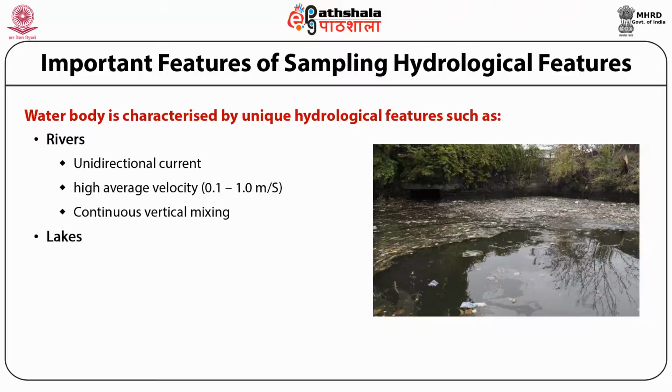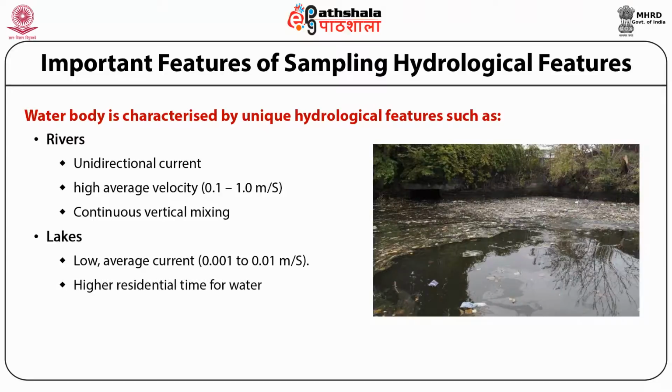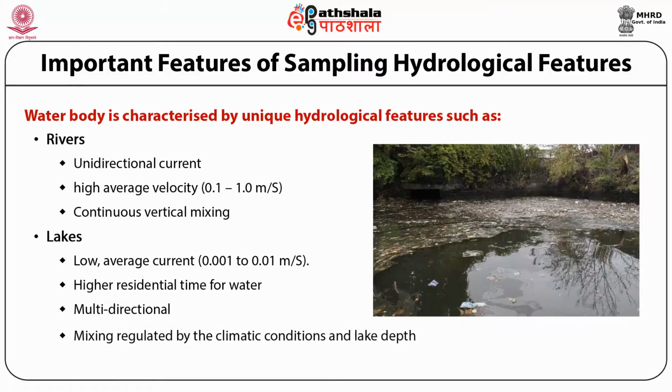Lakes are characterized by low average current, up to 0.001 to 0.01 millimeter per second, giving high residence time for water, and currents within the lakes are multidirectional with mixing regulated by the climatic condition and lake depth.